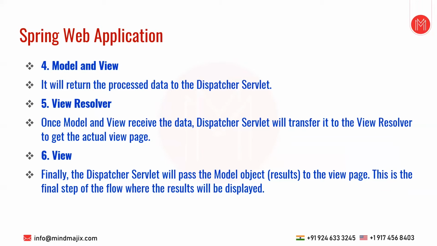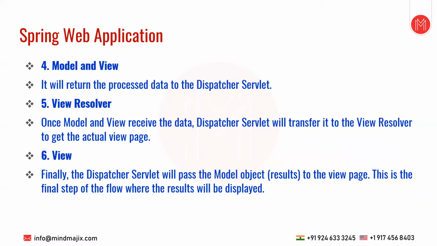In case in your application, if multiple view components are there, to recognize the specific view component, you need to take the support of the view resolver bean component. So once the model and view receive the data, the dispatcher servlet will transfer to the view resolver to get the specific view page.